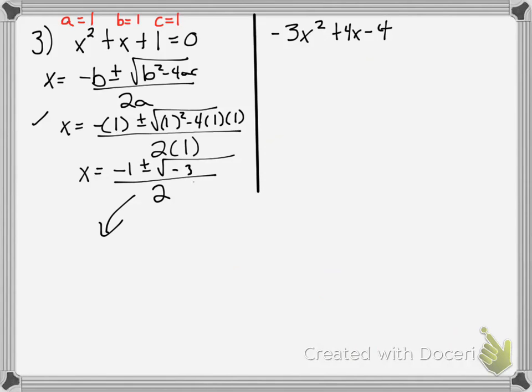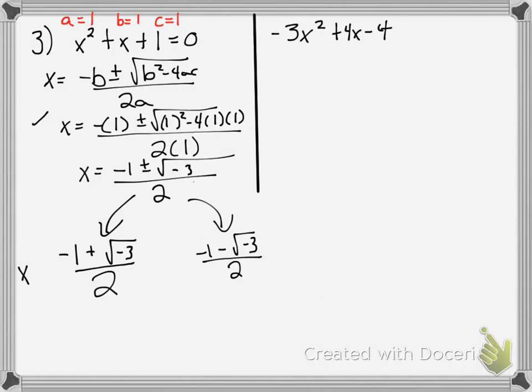My first answer, I'm looking at negative 1 plus the square root of negative 3 divided by 2. On this one I'm going to stick to the plus. My second root I'm going to have to take is negative 1 minus the square root of negative 3 divided by 2. So now I need to just simplify each of these.